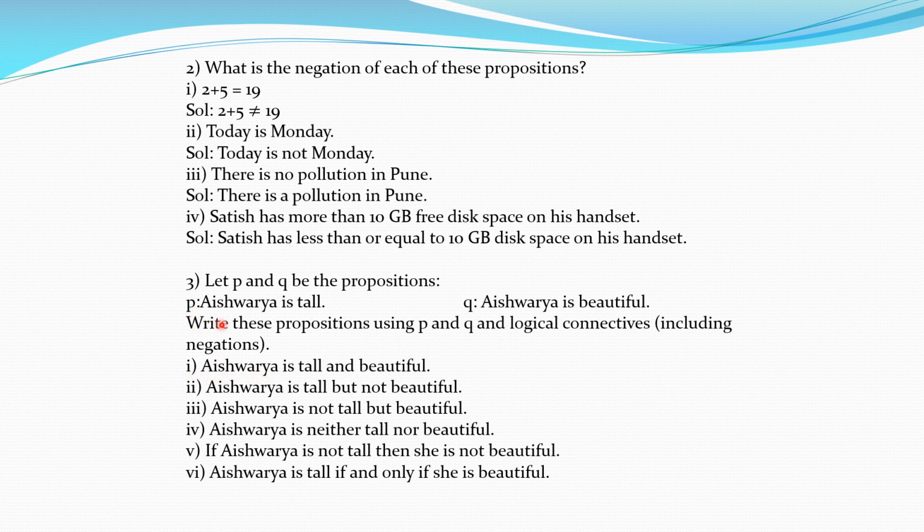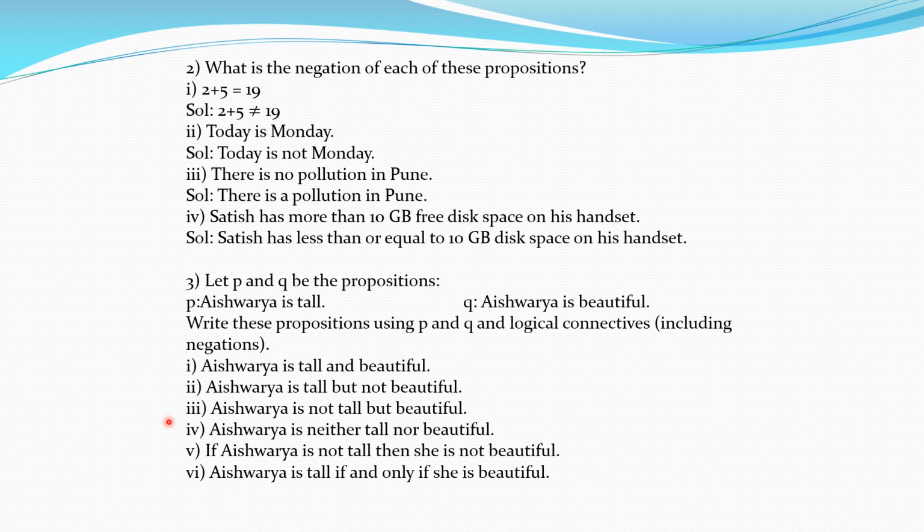So this is P conjunction Q. Second is: Aishwarya is tall but not beautiful. But is same as and. So this is Aishwarya is tall and Aishwarya is not beautiful. Aishwarya is tall means P and Aishwarya is not beautiful means negation of Q. So this is P and negation Q.